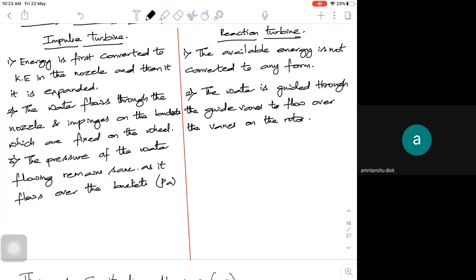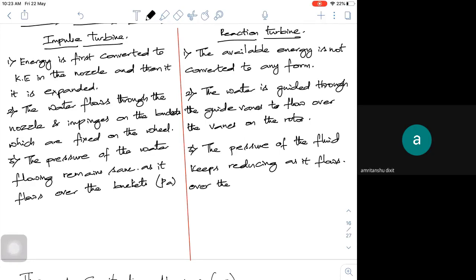What happens in the case of reaction turbines? The pressure of the fluid keeps reducing as it flows over the moving vanes.